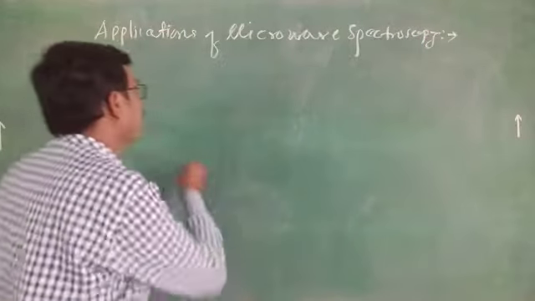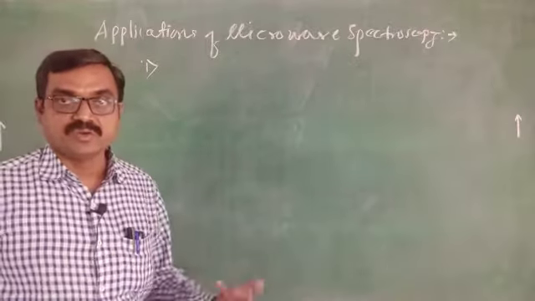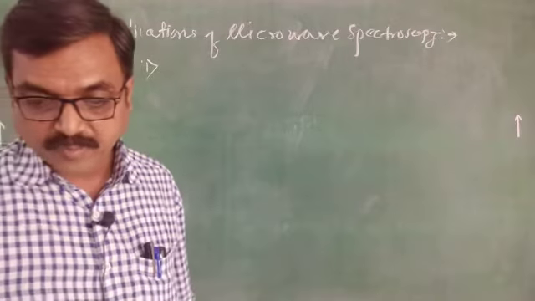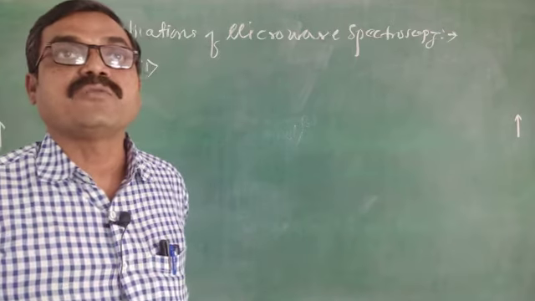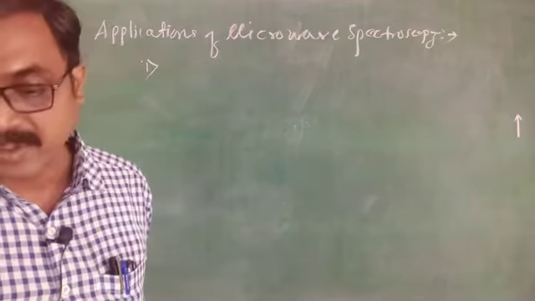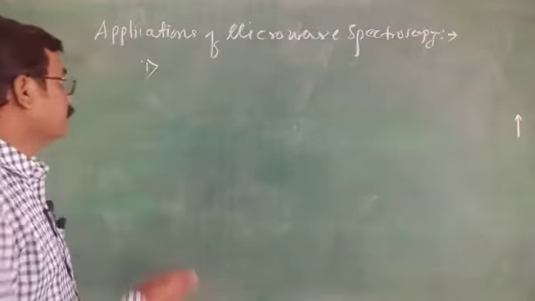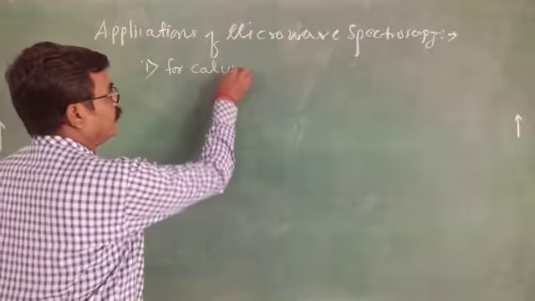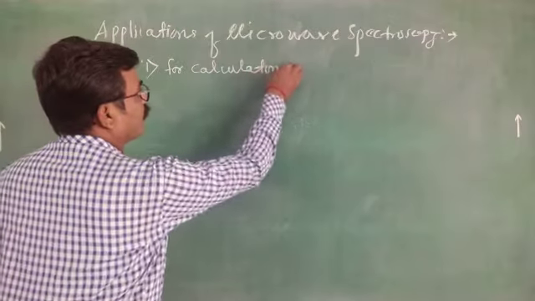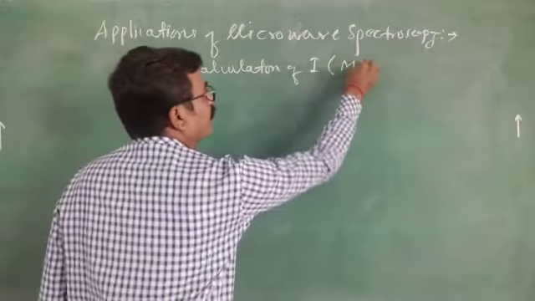Now, the first application: this microwave spectroscopy is used for the determination of moment of inertia of a heteronuclear diatomic molecule. It is used for the calculation of I, that is moment of inertia.